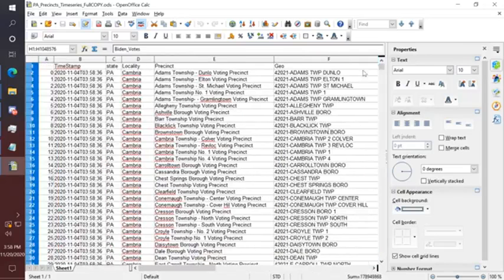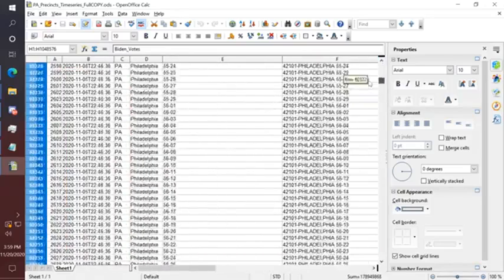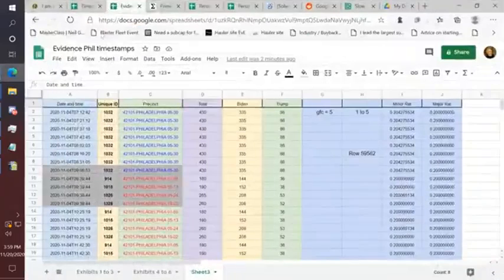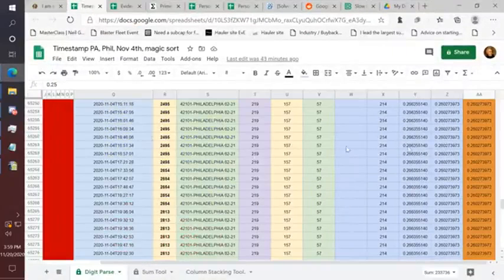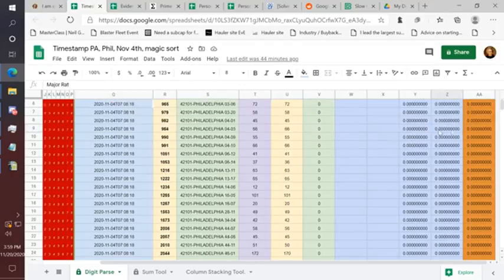So I took only Philadelphia's timestamps, and then I sorted them by what's called the major ratio.